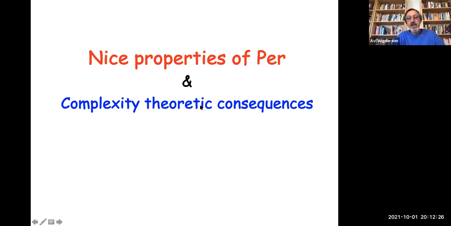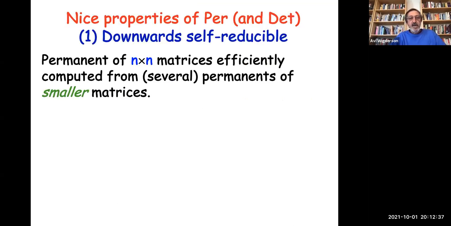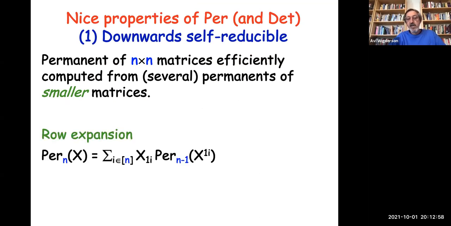I want to tell you about some really important properties of the permanent that had major consequences to complexity theory and beyond. There are two properties, and they are also shared by the determinant. One is downward self-reducibility. If you want to compute the permanent of n by n matrices, you can compute it from several permanents of smaller matrices, and this is simply by row expansion.